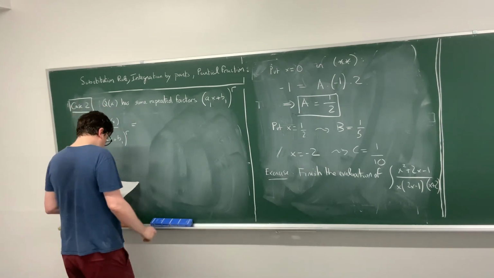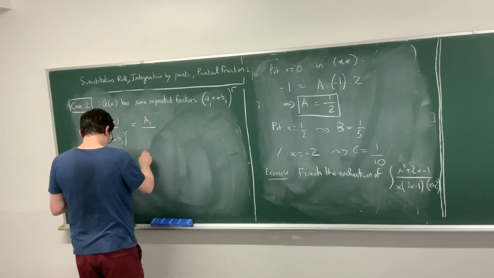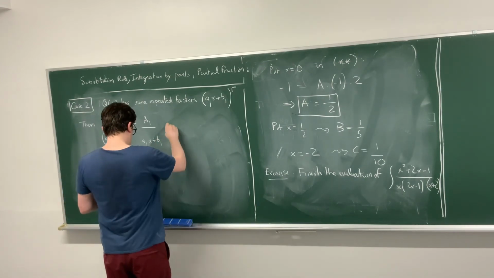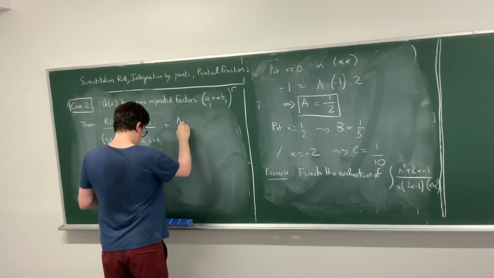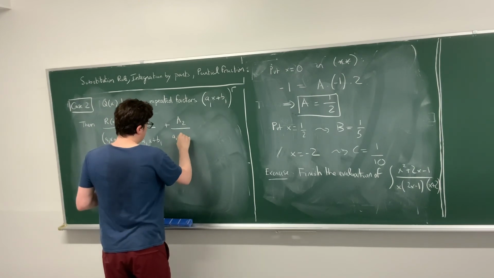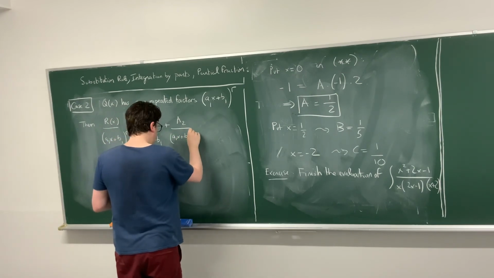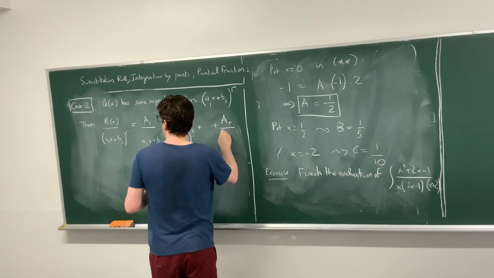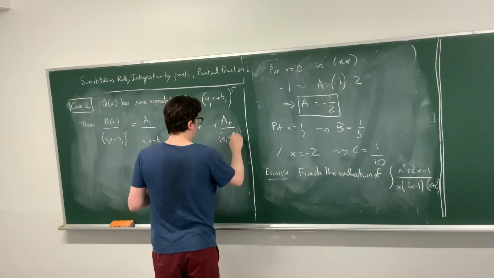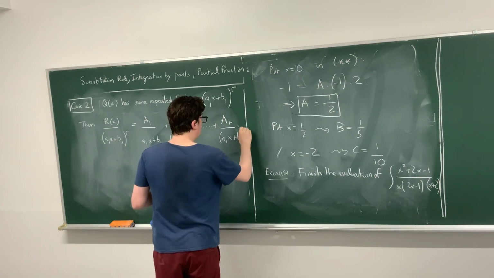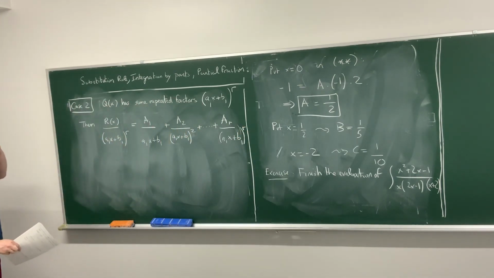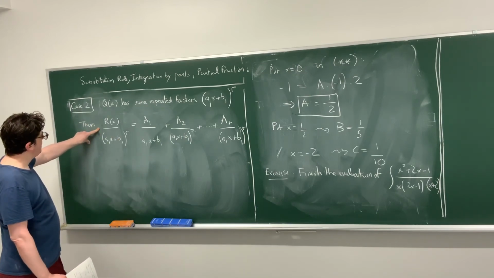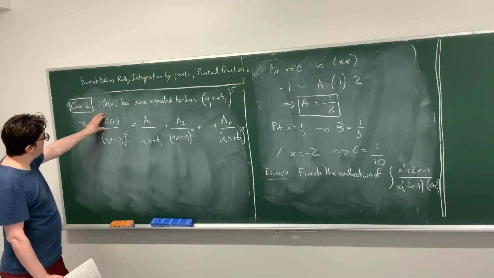Basically, it will be equal to A1 over a1x plus b1, plus A2 over a1x plus b1 to the power 2, and so on, plus Ar over a1x plus b1 to the r. Okay, so basically, if you have this kind of term to evaluate, then you can write it.